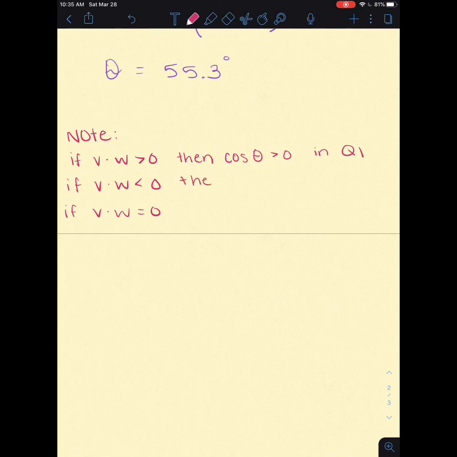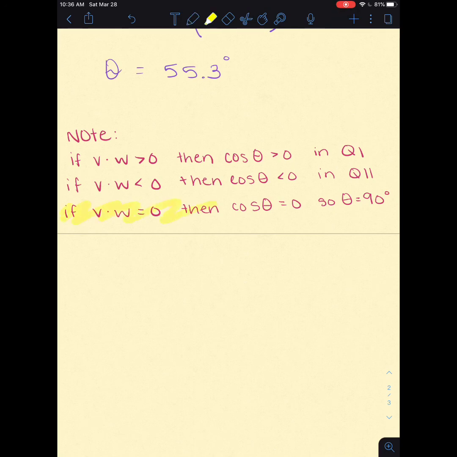Whereas if your dot product is less than 0, your cosine of theta is also going to be less than 0, and so you're going to appear in quadrant 2, meaning you're between 90 and 180 degrees. If your dot product is equal to 0, then cosine of theta is also going to equal 0. So that means your theta value is equal to exactly 90 degrees.